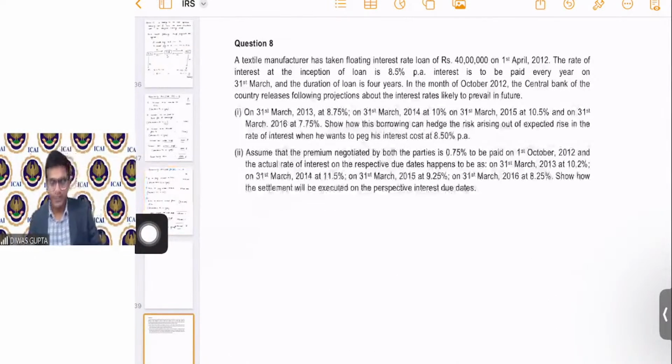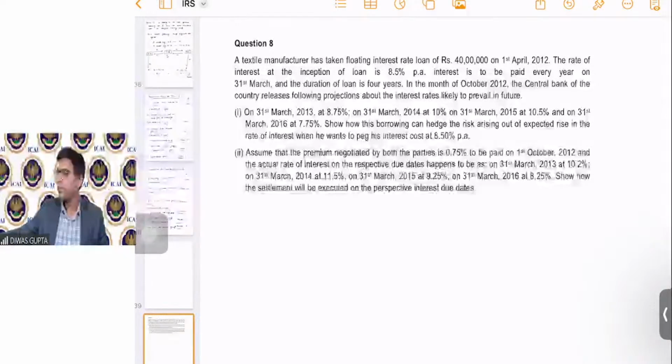Question number 8. A textile manufacturer has taken a floating interest rate loan of rupees 40 lakhs on 1st April 2012. The rate of interest at the inception of the loan is 8.5 percent per annum.